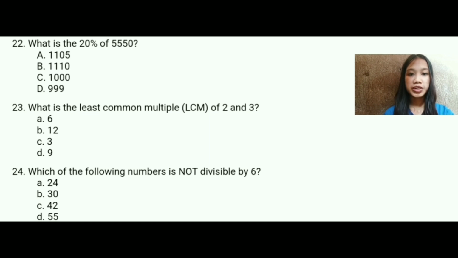For letter B, 30, this is also correct because it is divisible by both 2 and 3. For letter C, this is also correct because 42 is divisible by both 2 and 3. And for letter D, 55, this is incorrect because it is not divisible by 2, or not even. So again, the answer for number 24 is letter D, 55.